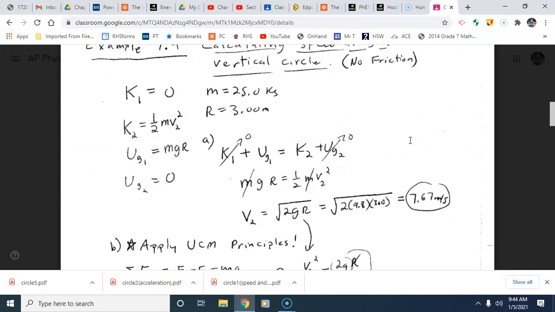So in any problem where you use the potential energy formula, the y value, which in this case is the radius, is always measured vertically to the reference level. Even if there's a curved track or a slanted ramp involved, you don't use the length of the ramp for the y value.